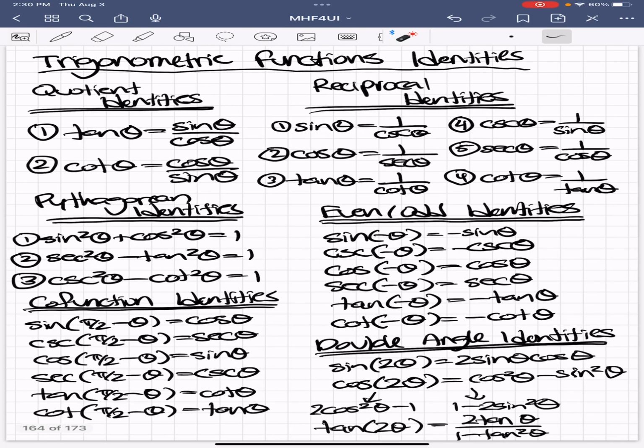So let's begin. Now, I know it seems like there's a lot of information on this page, but this information will help you in trying to solve trigonometric identities. So I'm going to give you a moment to write all of it down. You can pause the video now and write it all down.